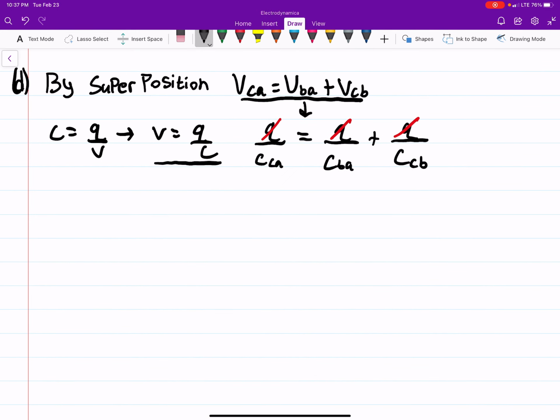So then we get 1 over the capacitance from C to A is 1 over the capacitance from B to A plus 1 over the capacitance from C to B.